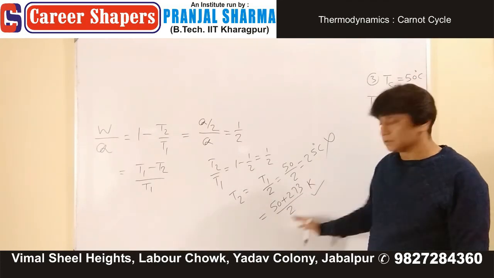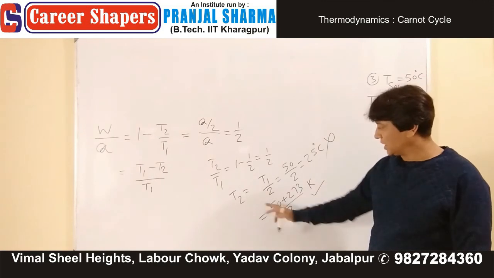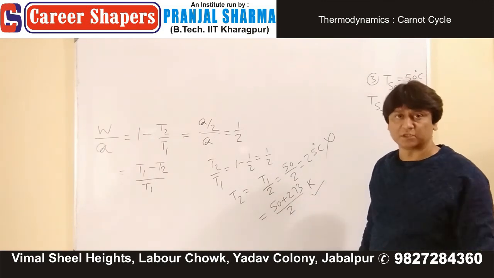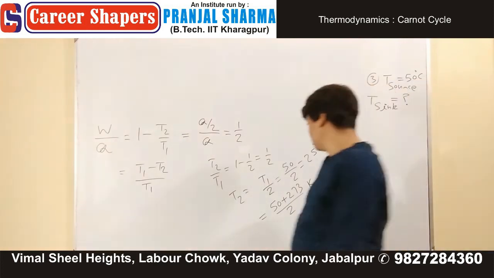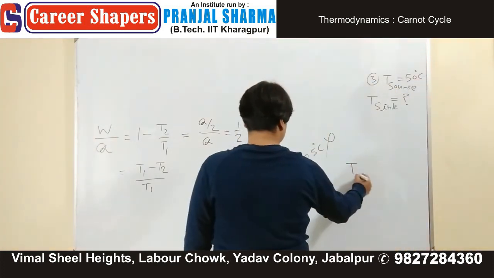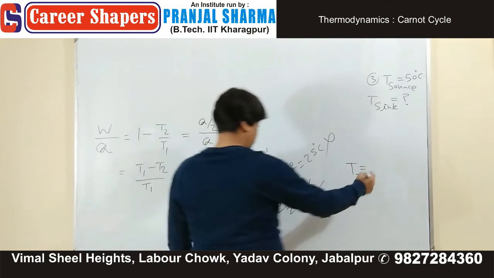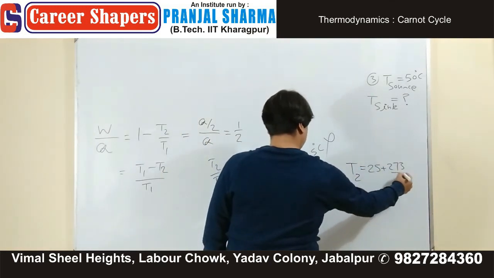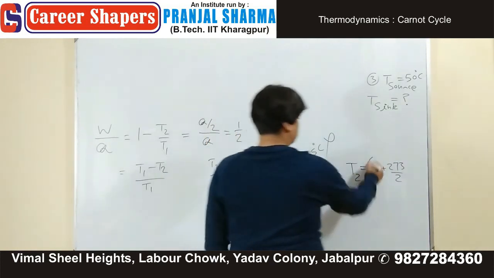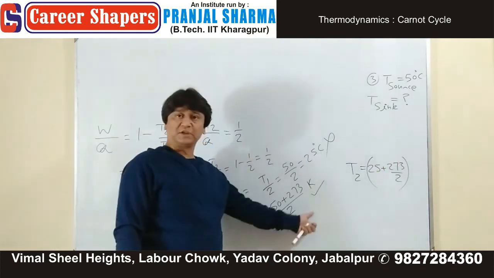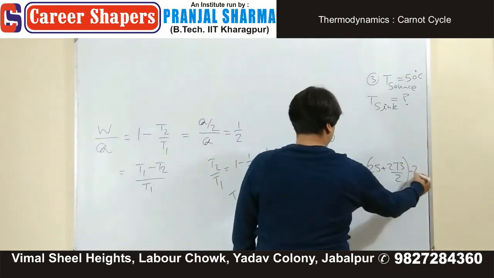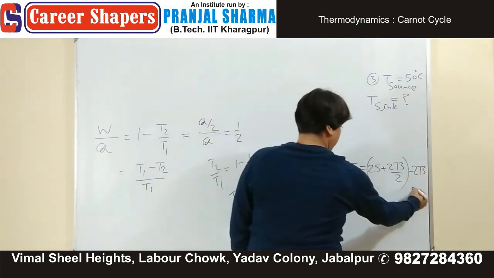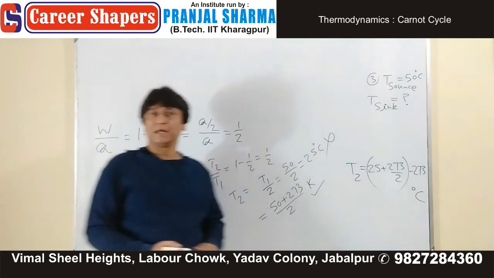This is temperature in Kelvin. And now convert this thing in Celsius if you wish. So if they ask you temperature in Celsius, your answer will be 50 plus 273 by 2, this much in Kelvin, minus 273, whole thing in degree Celsius.